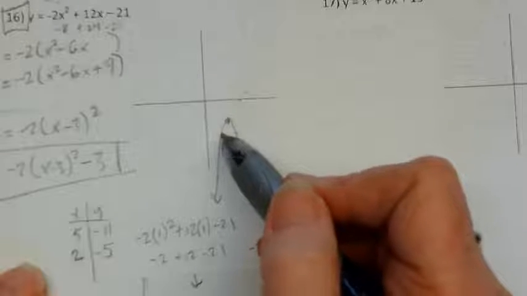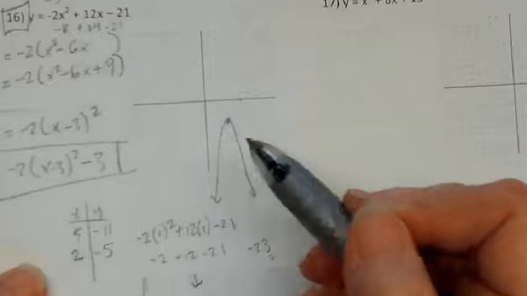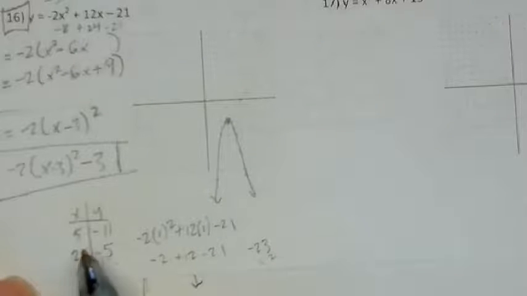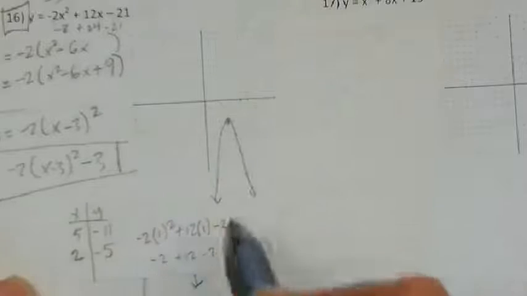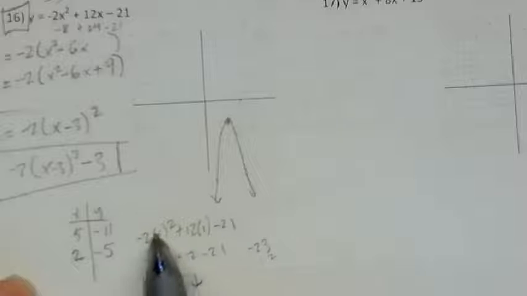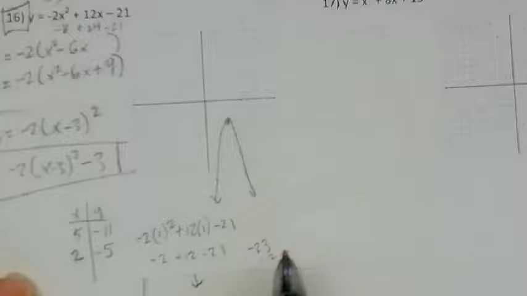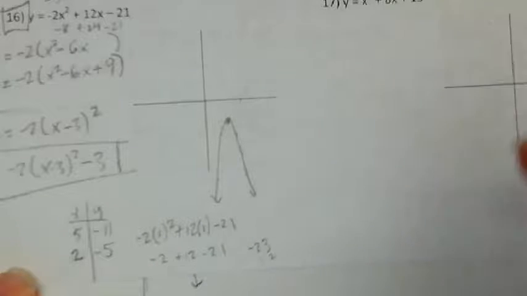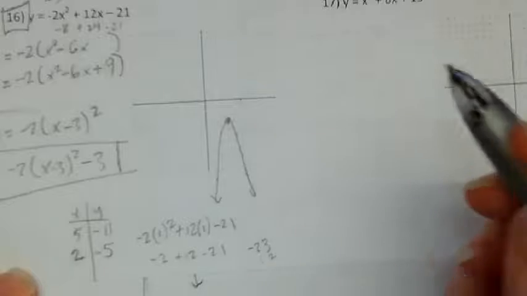So I put some points there, and then I tried plugging some stuff in. I tried plugging 5 in, and I got negative 11, which is off the edge of my graph. And then I tried plugging 2 in, and you can see my work here. It ended up giving me a negative 5.